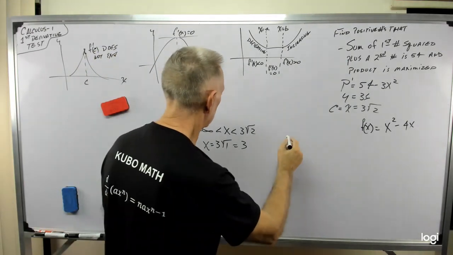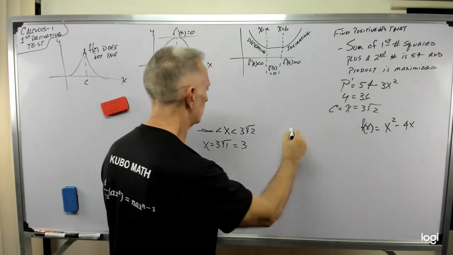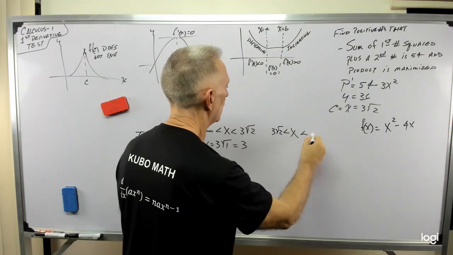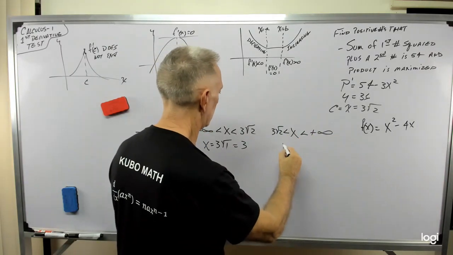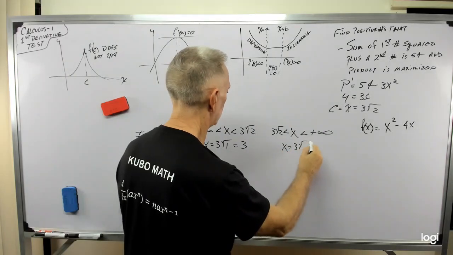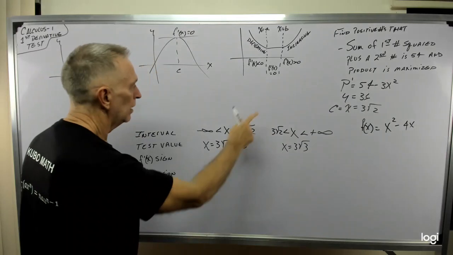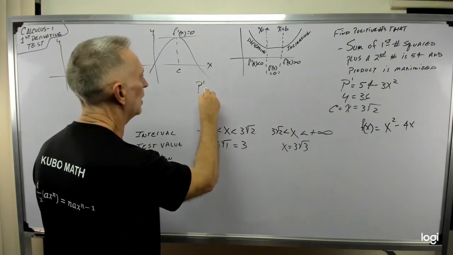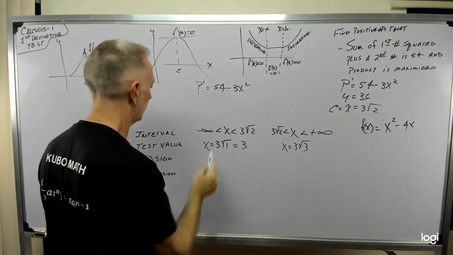Okay, and then our next interval is going to be just a little bit greater than this. So where x is greater than 3 square root of 2, less than positive infinity. So let's say x equals 3 square root of 3. How about that? Okay, now then, we had p prime was 54 minus 3x squared.